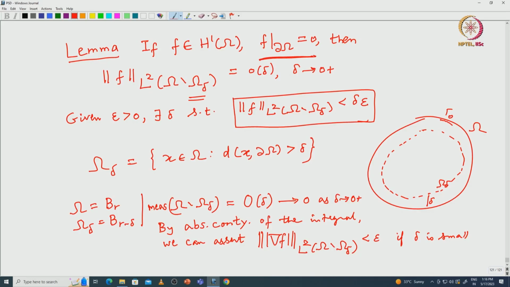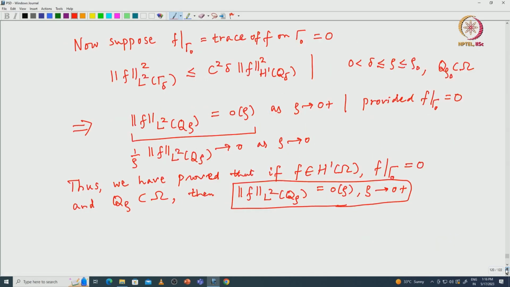Okay. So, we are taking a big portion out of omega, only a small portion is remaining here, and that omega minus omega delta region very much looks like this Q rho. Okay. So, it is between two parallel surfaces.